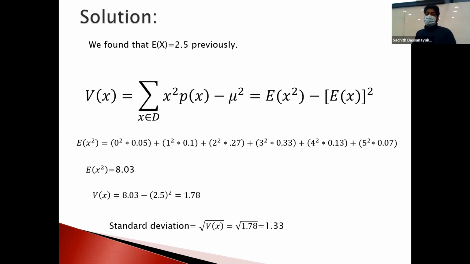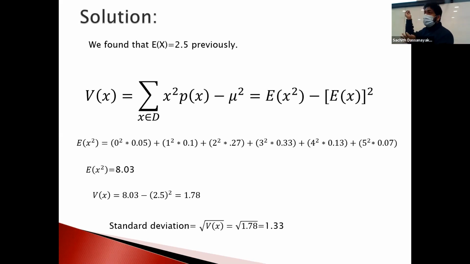How do you find that? xi times p(xi), right? That's how we find the expected value. Same here, but we have X squared instead of X. No matter what, simply plug in the values.